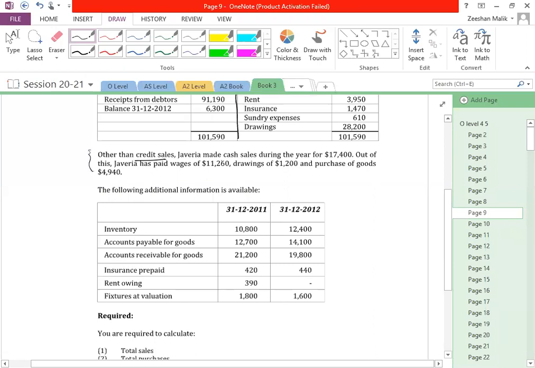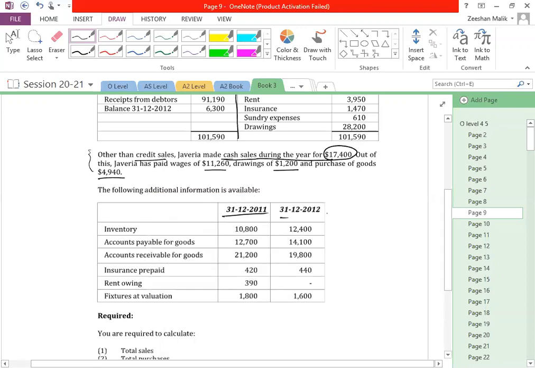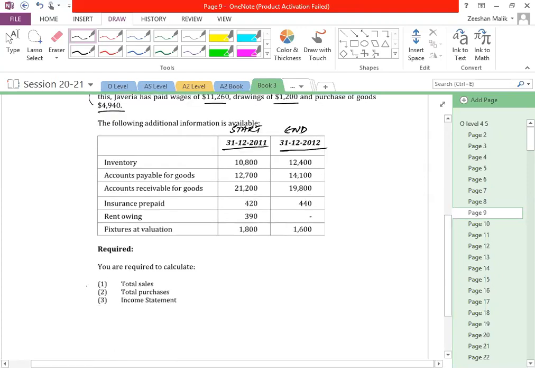Other than credit sales, there are cash sales also for 17,400, which they have used in wages, drawings, and purchase of goods. Again, starting and ending balances are given to us. And the requirement is total sales and total purchases.